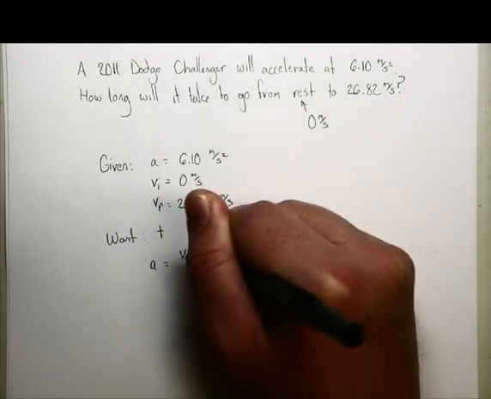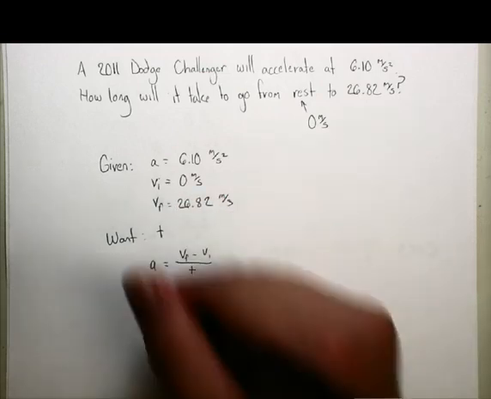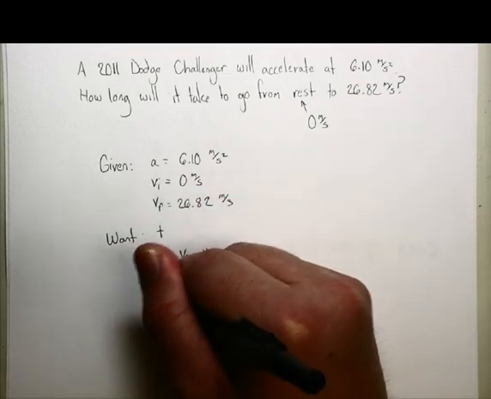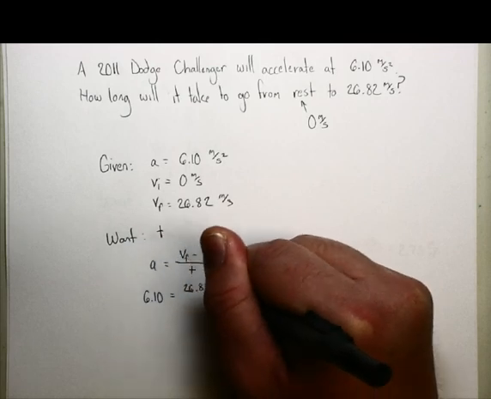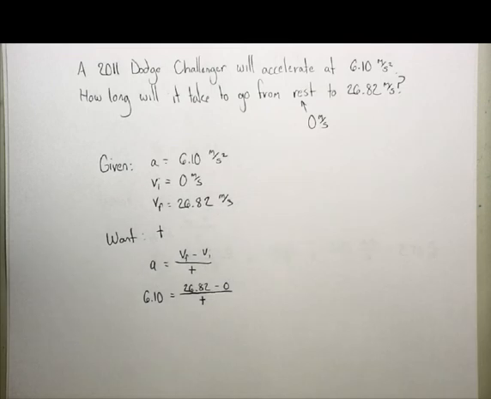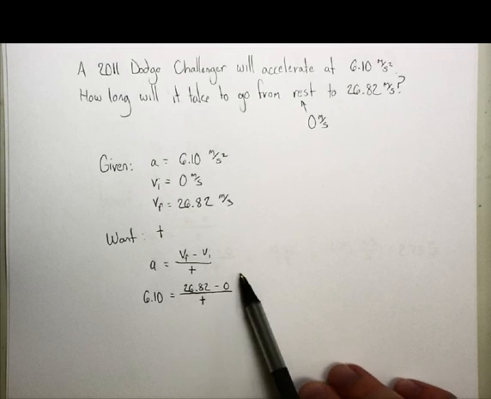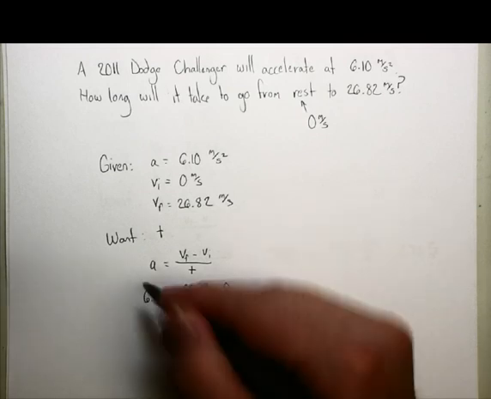Acceleration is final velocity minus initial velocity over time. And now we plug in what we know. The acceleration is 6.10. Final velocity of 26.82, initial of 0, and we don't know the time. And just as before, I still recommend that the first thing you do is get rid of this problem in the numerator. Don't leave fractions any longer than you have to. They're a good way to get yourself confused.